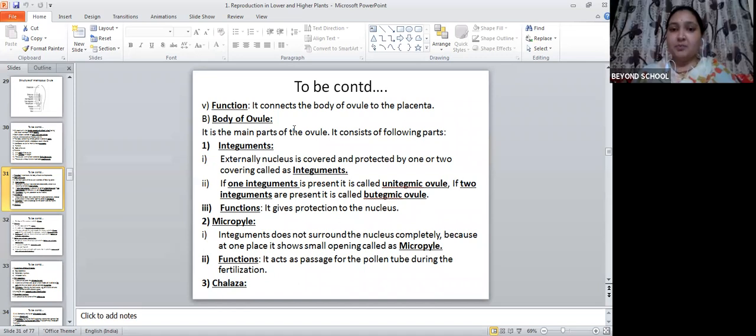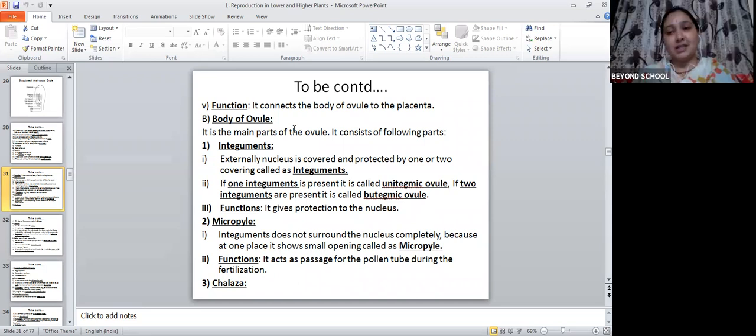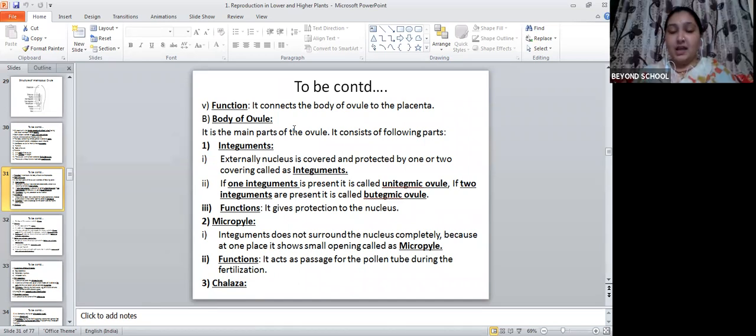Even we saw the body of ovule consists of an integument, micropyle, and chalaza. Integument is of two types, outer integument and inner integument, right? What is the meaning of an integument? It is what covers externally, consisting of one or two layers around the nucellus.